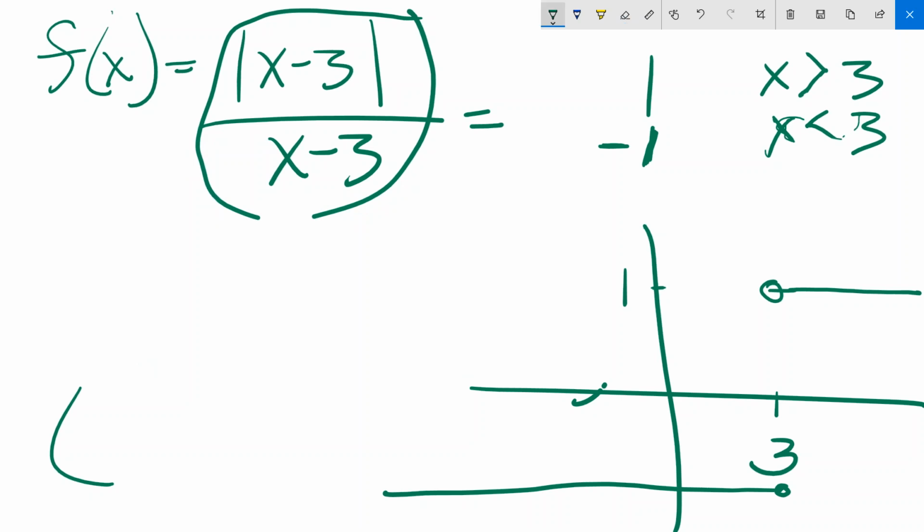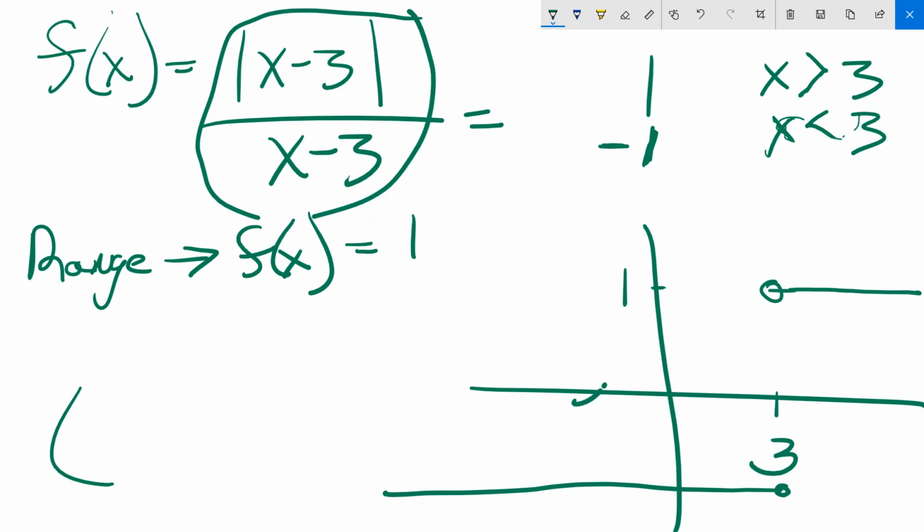In other words, when I'm talking range, I'm talking f of x. And f of x is either equal to 1 or -1, but no other number. Can you see that on the graph? Yeah, it only crosses this.